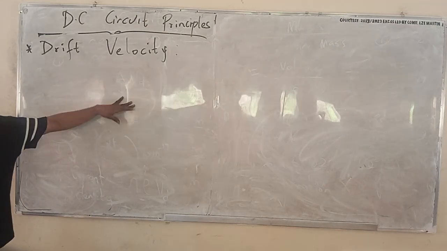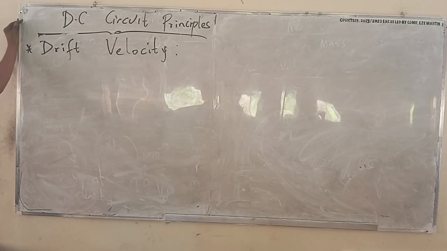Now please, for the sake of tutorial, we say that drift velocity is the random motion experienced by electrons in a circuit that causes it to drift, or you say to move slowly, when an electric field is created, or you say in an electric field.